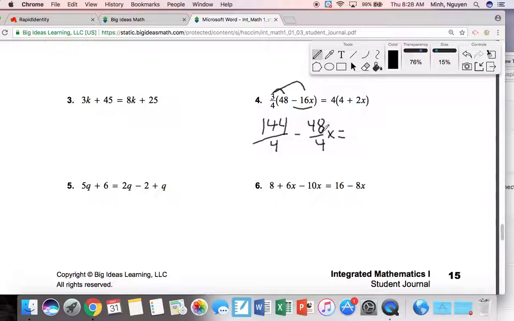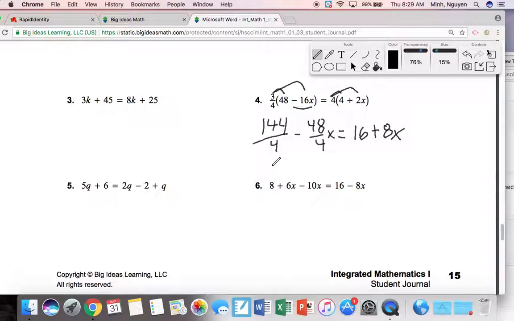So that is that for, we have distributed. Distribute just means multiply, and we have yet to divide. And then we have 4 times 4 is 16, and 4 times positive 2 is positive or plus 8x. If you divide these, 144 divided by 4, oh boy, what is that?